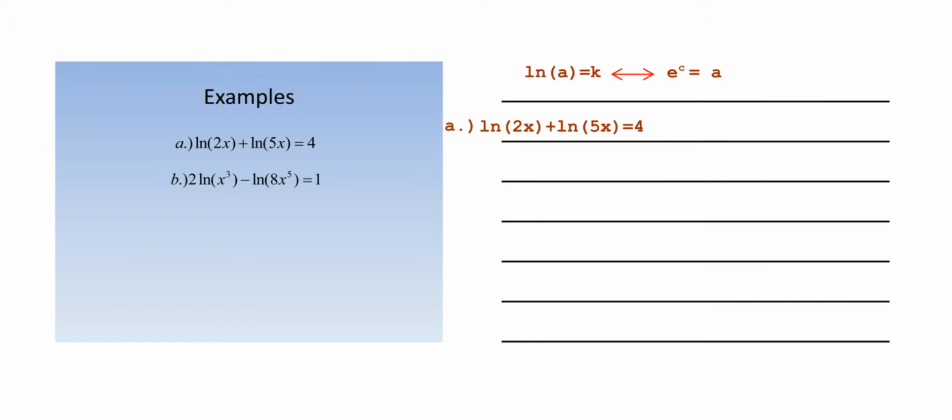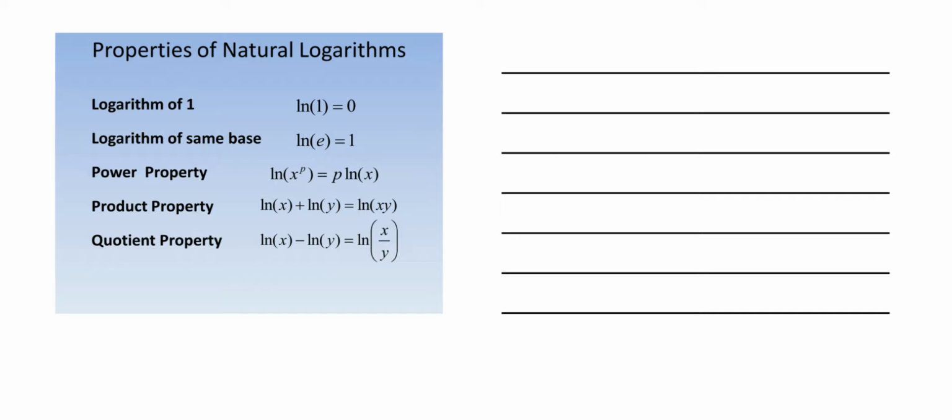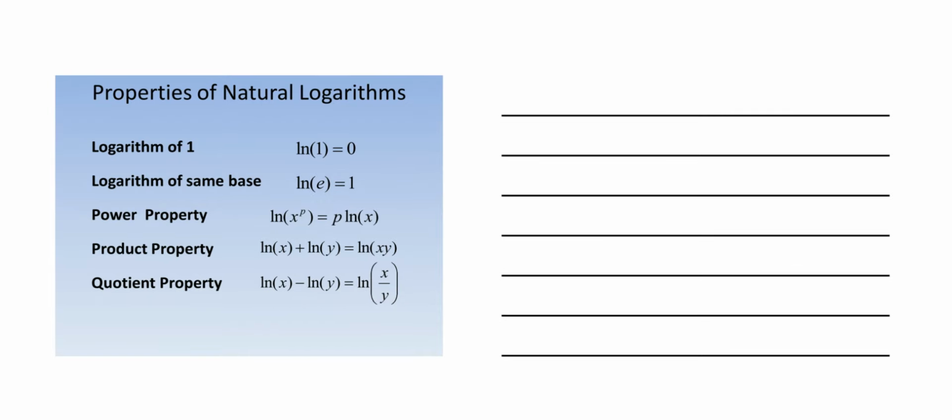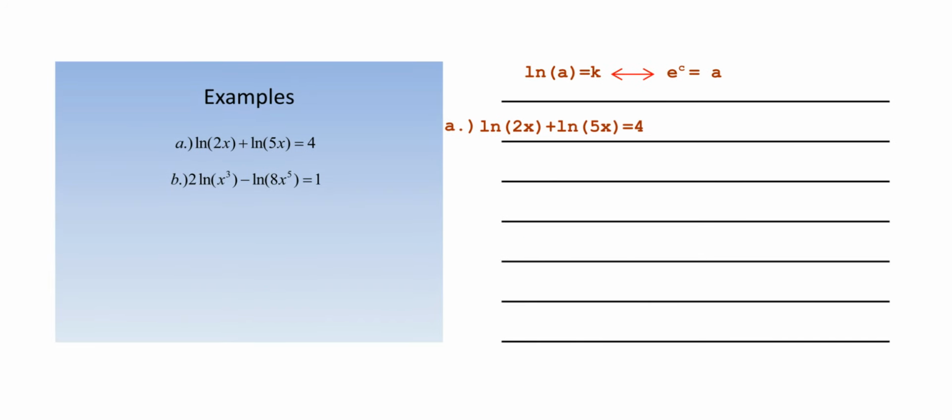So in this case, it looks like we can use what property? It's addition, right? So we can use the product property, because addition converts into multiplication. And the one that follows is a subtraction, so we can use the quotient property.